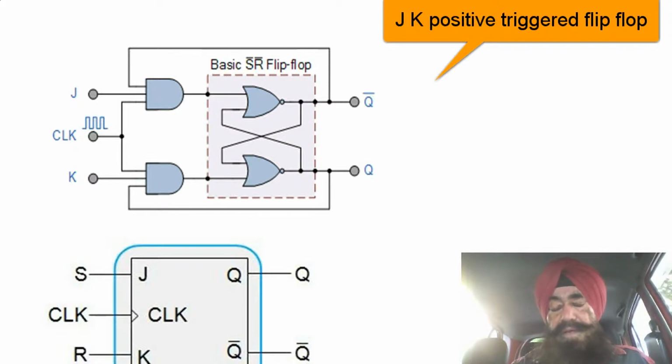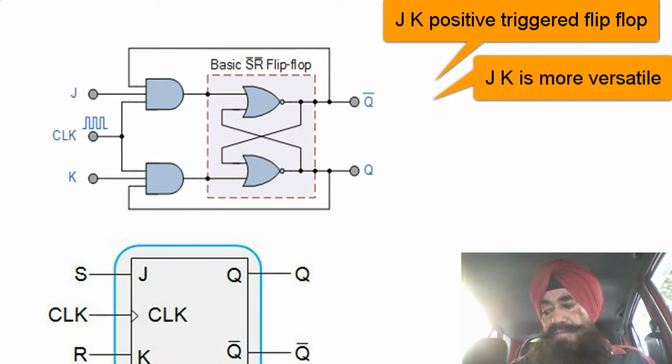And this problem is overcome in the case of the JK flip-flop. The JK flip-flop accounts for this illegal input and therefore is a more versatile circuit.